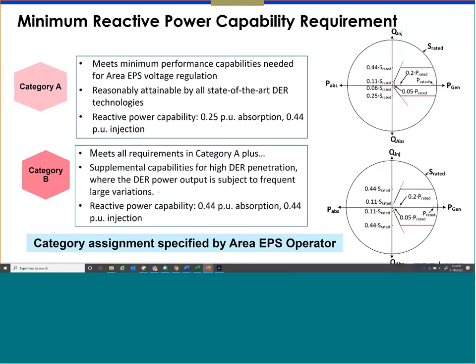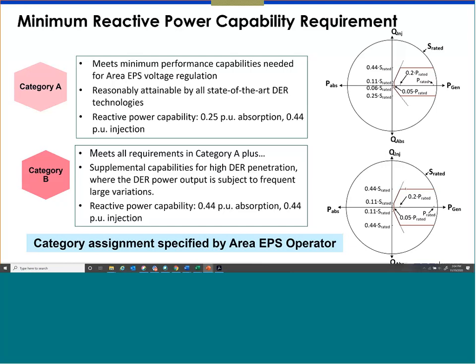What it is actually, if you see this right bottom figure, is that from 20% to 100% of the rated power, it has to have 44% of the VA capability available as reactive power capability. So it's not triangular, it's a square shape requirement. From 20% to 100%, 44% of the VA limit has to be available anytime the system needs it.